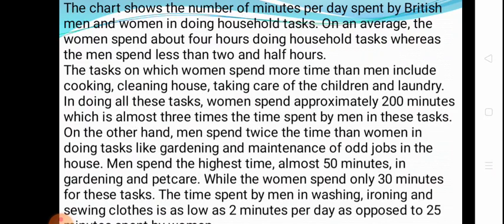On an average, the women spend about 4 hours doing household tasks, whereas the men spend less than 2.5 hours.